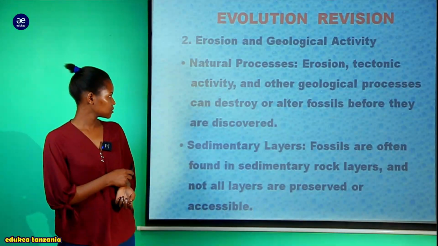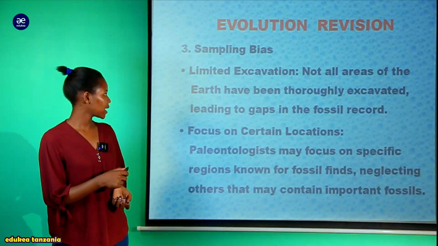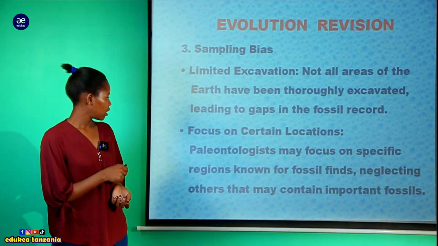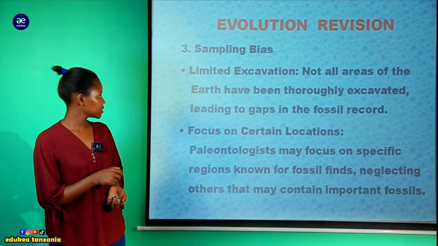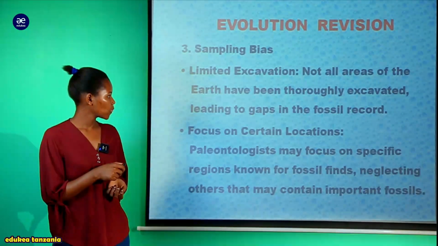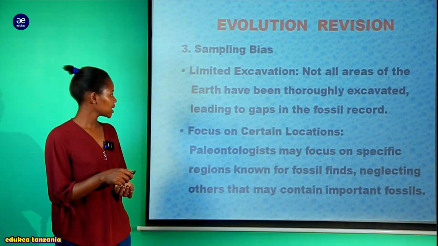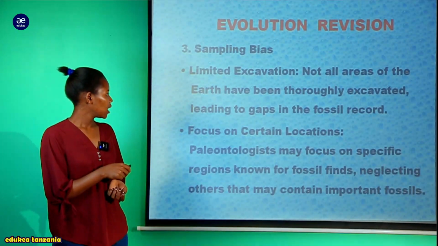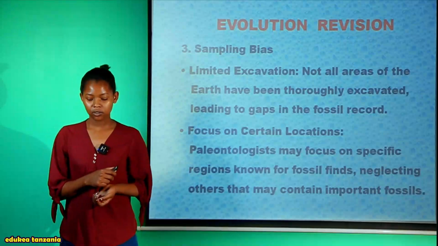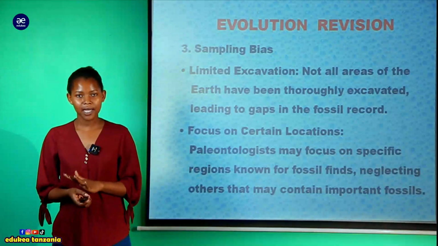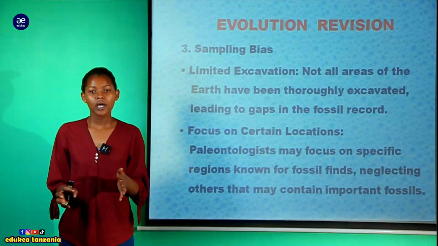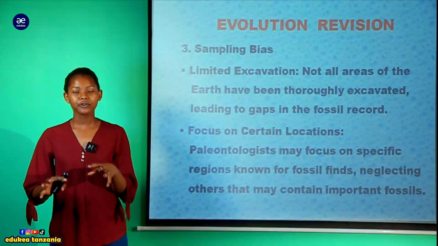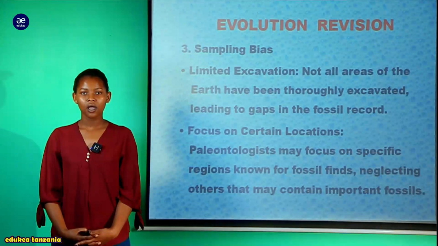This is the second one, and the third one is sampling bias, from which here we look at the limited excavation, in which not all areas of the earth have been thoroughly excavated, leading to gaps in the fossil record. Tunapokuja kwenye sampling bias, meaning that sio areas zote around the world kwamba fossils zitakusanywa.